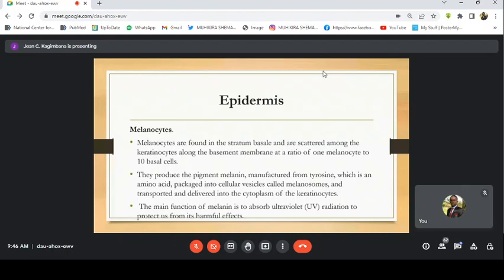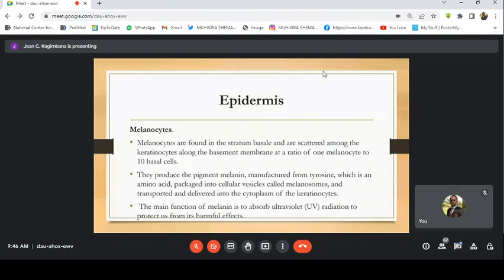Okay? Now, don't confuse melanocytes, melanosome, and melanin. Melanocytes give melanosome, okay? And melanosome contains melanin, and melanin is the one that gives the aspect of our skin color, okay?